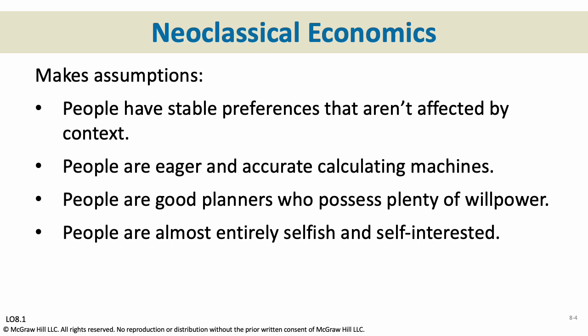And finally, people are almost entirely selfish and self-interested. And none of these assumptions are completely true. Parts of them can be true, and depending on the people, more so in some cases than others, but people aren't robots, and therefore their emotions, their behaviors come into play when determining their economic decisions.